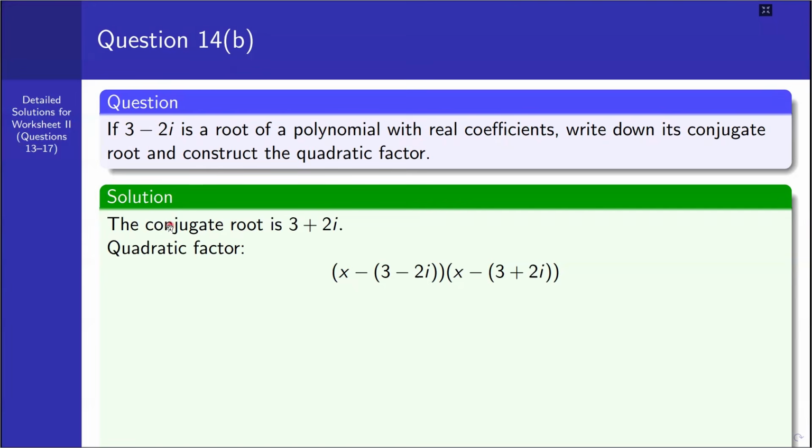And again, from the conjugate root, 3 plus 2i is a root of the given polynomial function. Therefore x minus (3 plus 2i) could be the other linear factor, so that the product of the linear factors of the given polynomial function will be the quadratic factor of the same polynomial function.